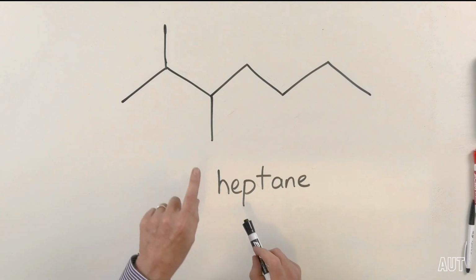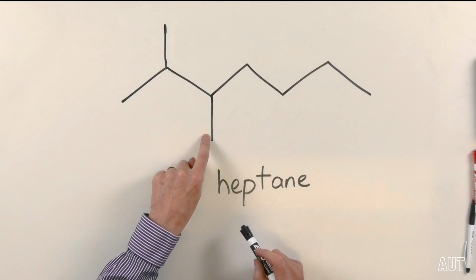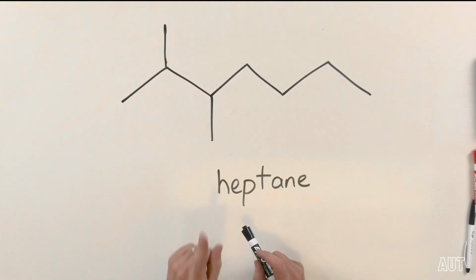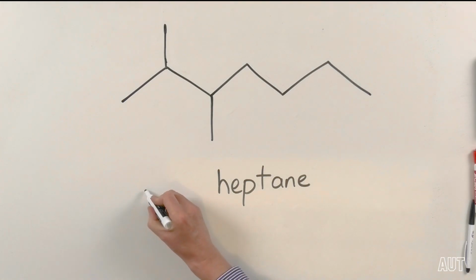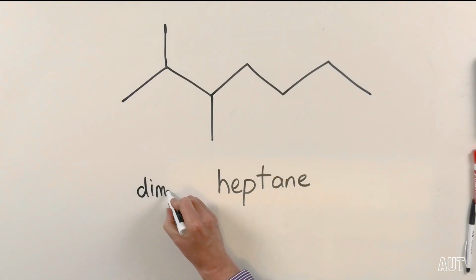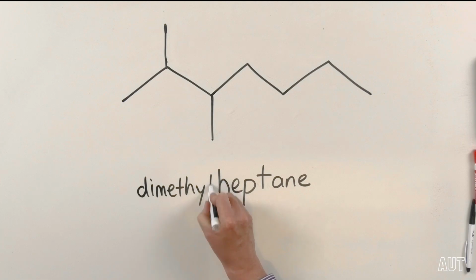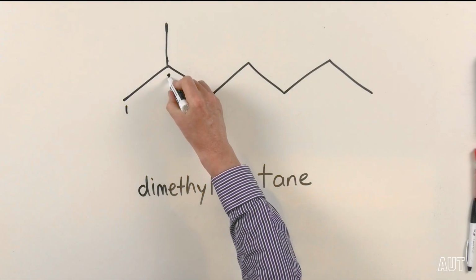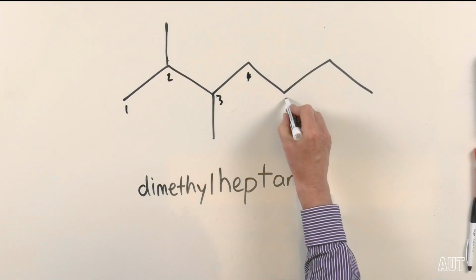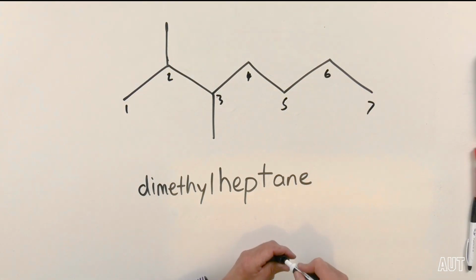So, what substituents do we have? We have a methyl and a methyl: 2 methyls, or dimethyl. If we had 3 methyls, we'd call it trimethyl, etc. Where are the substituents? Well, again, we go through when we do our numbering. 1, 2, 3, 4, 5, 6, 7 numbering in black.